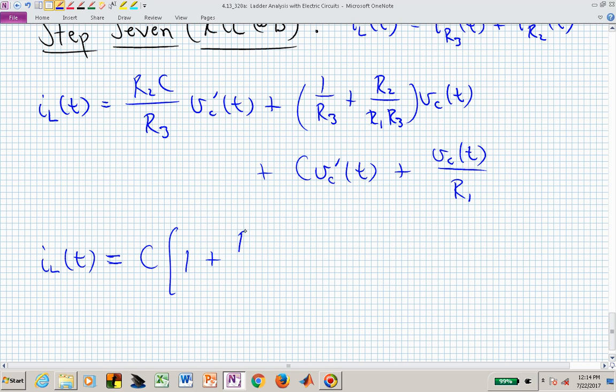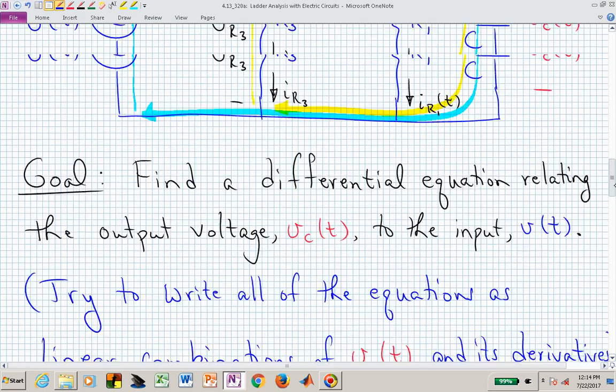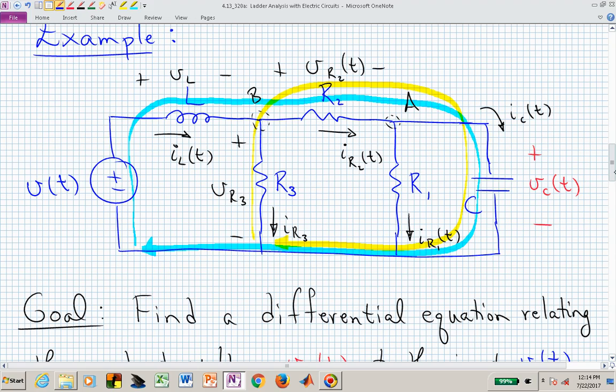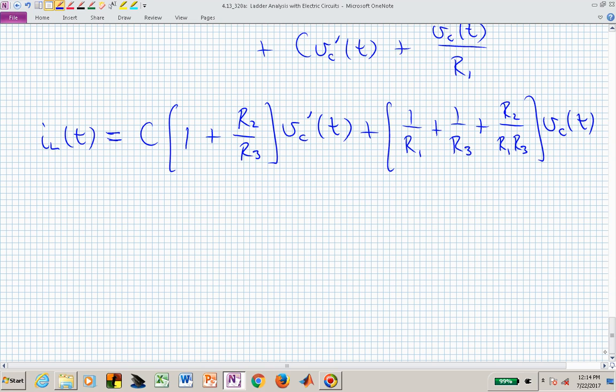We have 1 plus R sub 2 over R sub 3, all scaling by C, and those now weight the derivative of the output voltage V sub C. And now we have three terms, 1 over R1 plus 1 over R sub 3 plus R sub 2 over R sub 1 R sub 3 that scale V sub C. That now gives us the current through that inductor, and we can relate the voltage and current on an inductor using Eli. So that will be step 8.